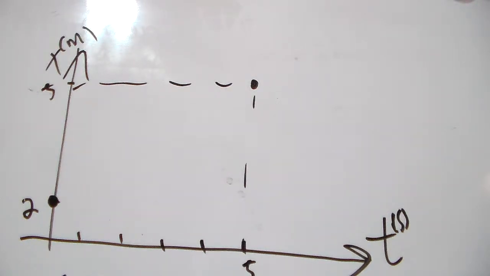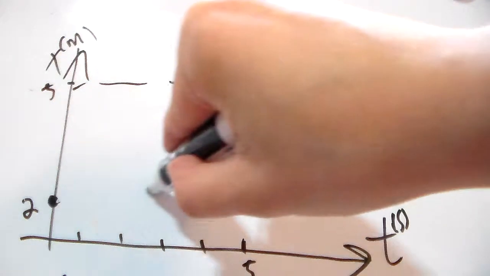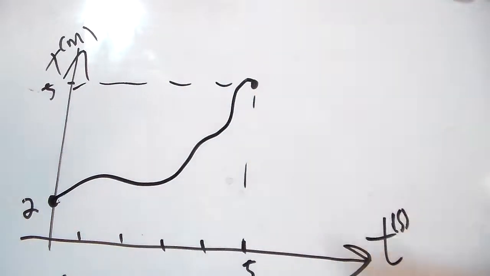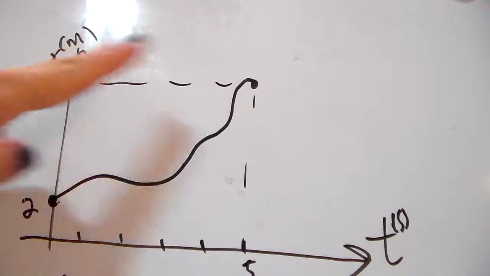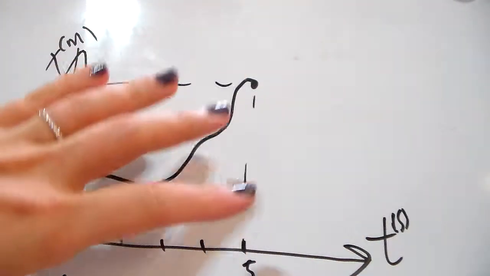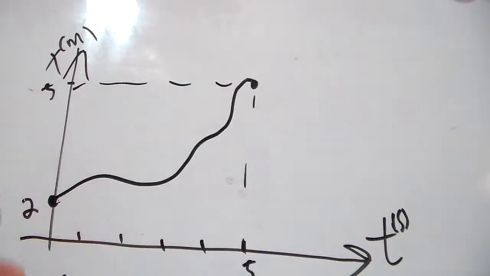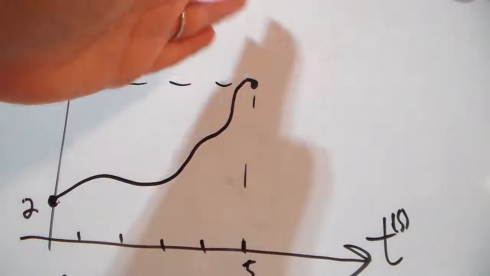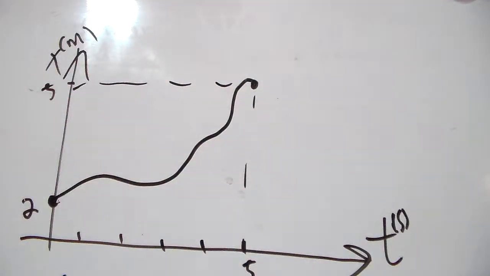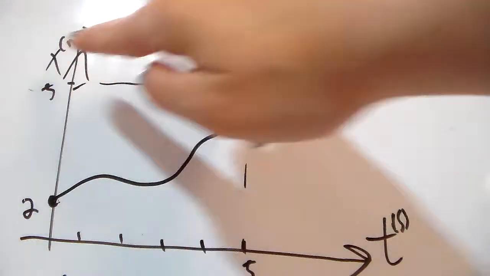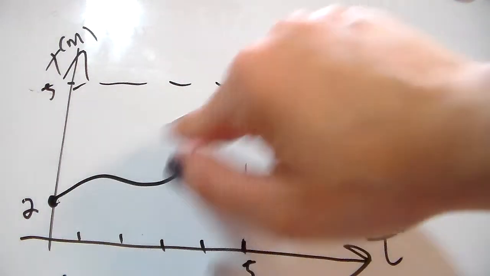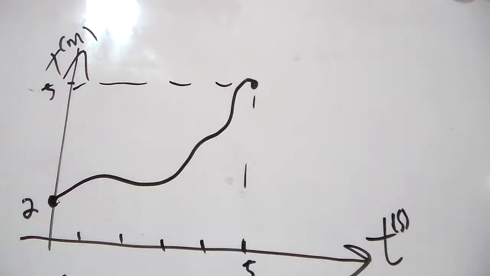Basically, whenever you have any type of graph for position versus time, this has nothing to do with how the path of the object actually looks like. Because this is x versus time, this only shows the x component of the motion.